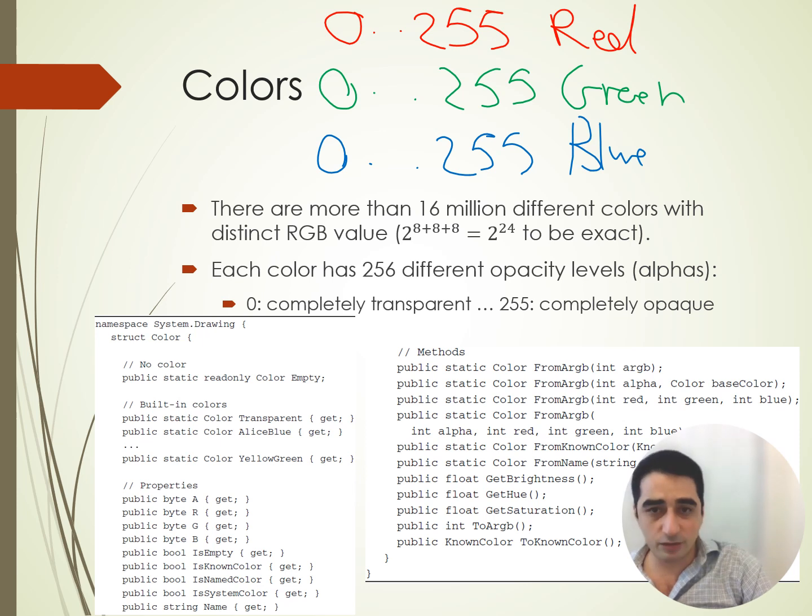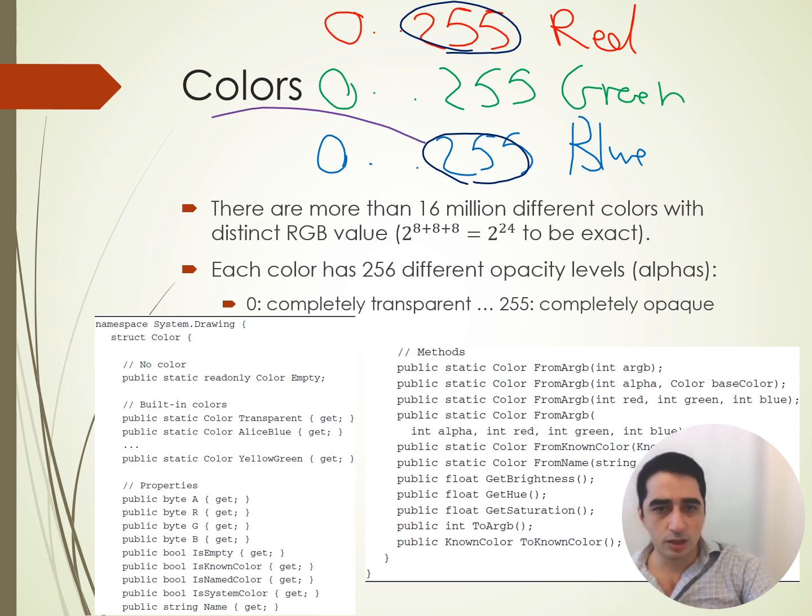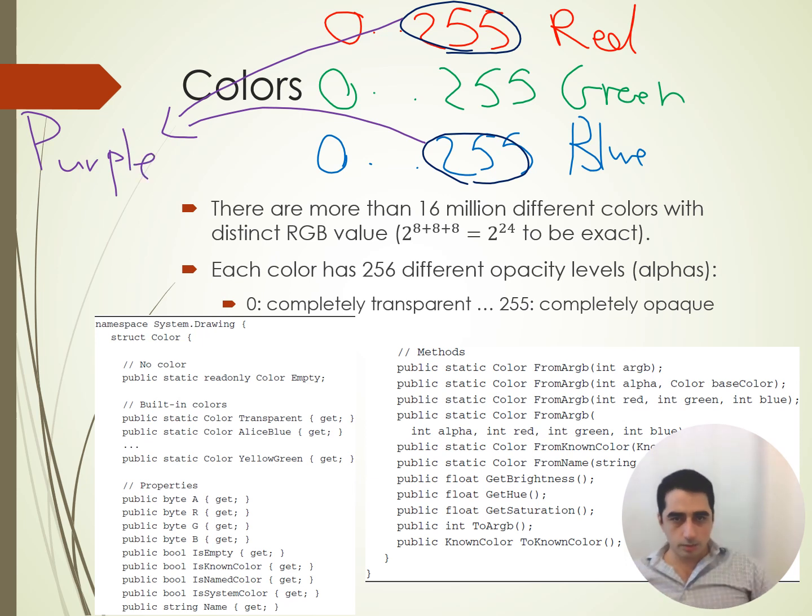For example, if you want to make a purple color, you can have some red and some blue. The combination of these 2 will give you purple, right? Or you can mix these 3 and create different colors if you want.